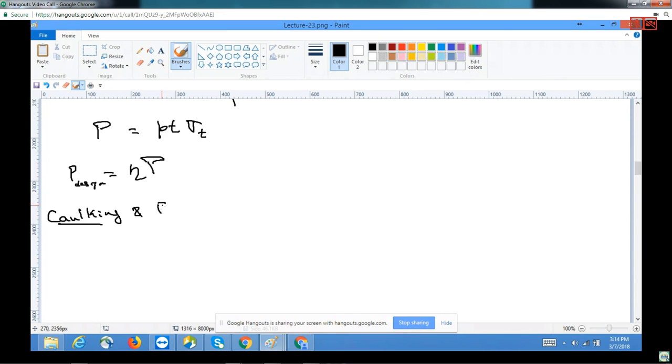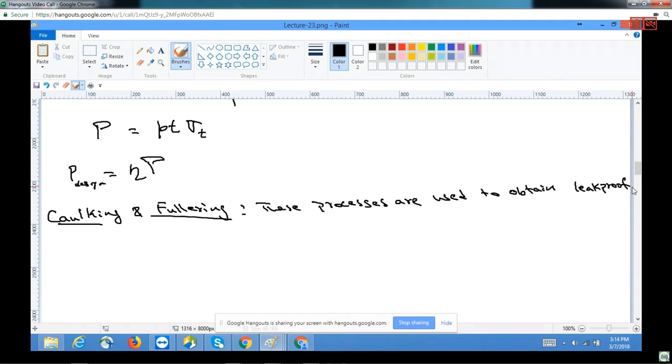and fullering. So these processes are used to obtain leak-proof riveted joints, because most of the time they are used in pressure vessels.